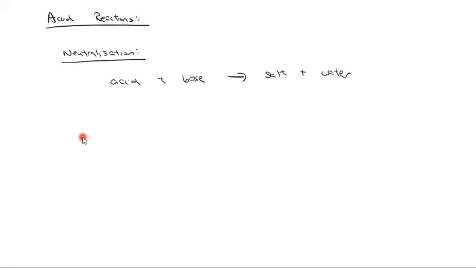And this is quite important when you do your titration, of course. As an example, you could have hydrochloric acid plus sodium hydroxide, your typical strong acid, strong base combination, giving you sodium chloride plus water.